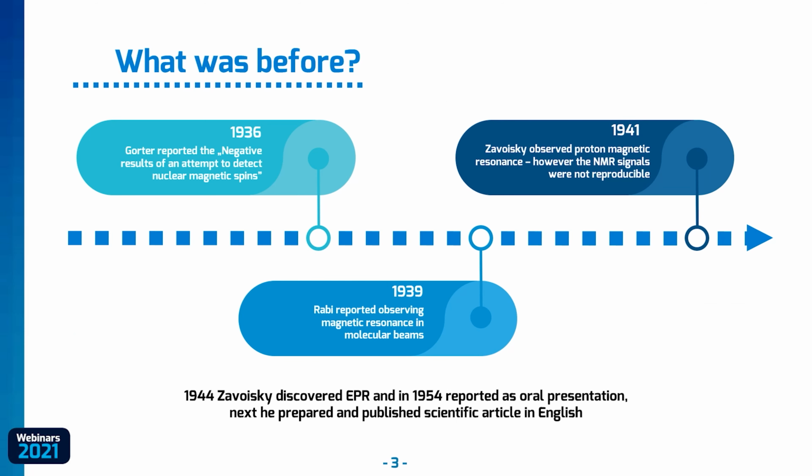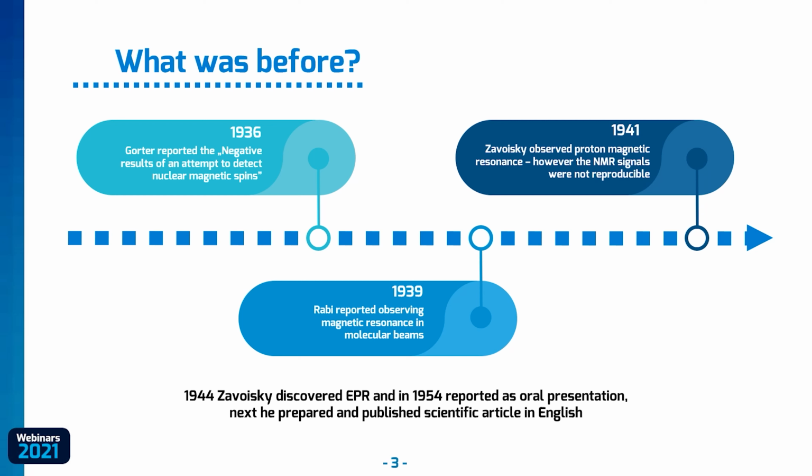On this slide, I mention the key events, the milestones in the development of both radiospectroscopic techniques, EPR and NMR. In 1936, Gorter reported the negative results of an attempt to detect nuclear magnetic spins.